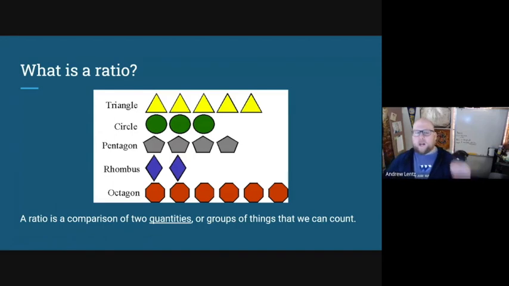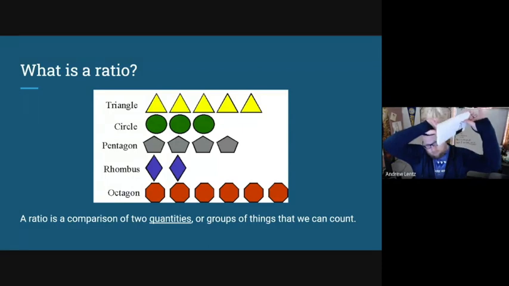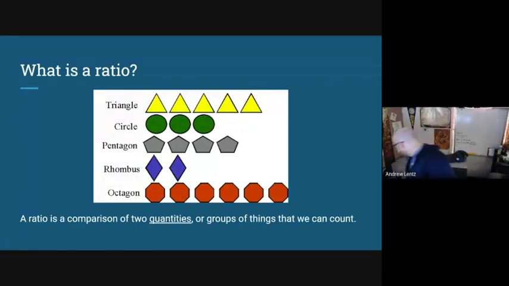comparing quantities. Now, a quantity is a group of things that we can count. I have a quantity of note cards. I have a quantity of envelopes. I have a quantity of students. So I can count these things. They're physical things. Can I count the number 42?